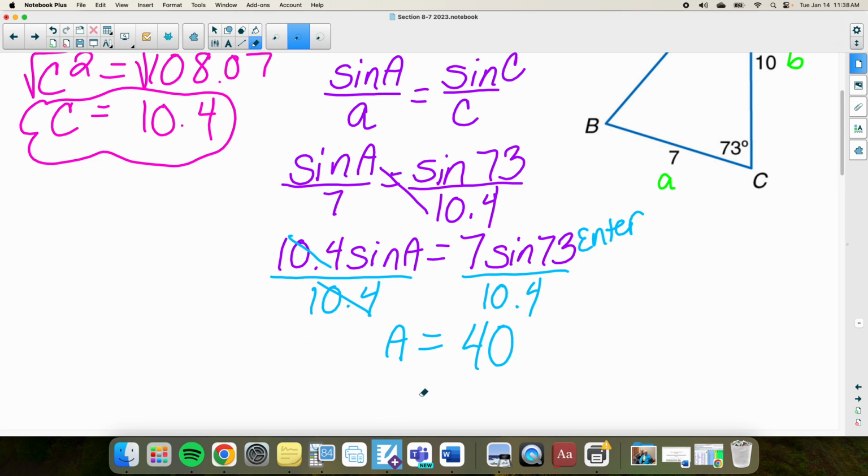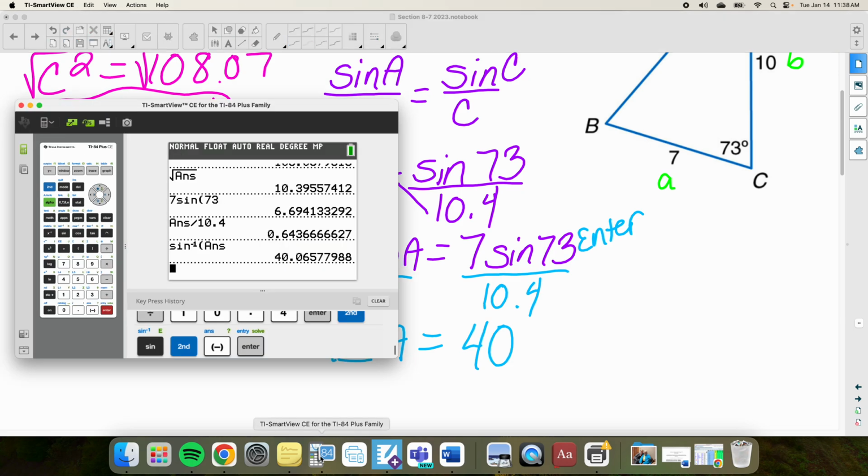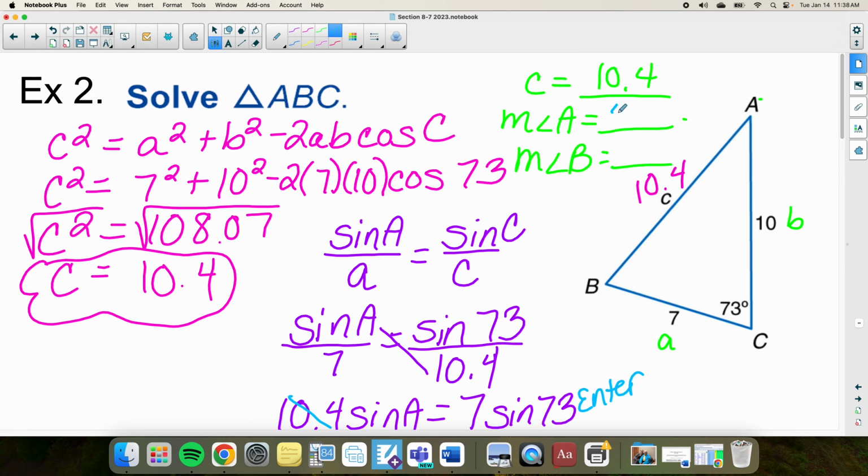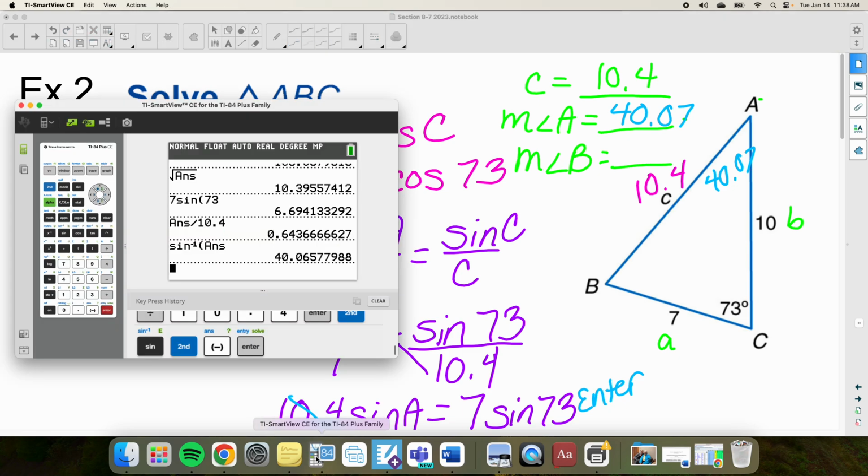So the measure of angle A is 40.07 degrees. So that goes here, which is here. And now we have to find angle B. And to find that, you add these together and subtract from 180.